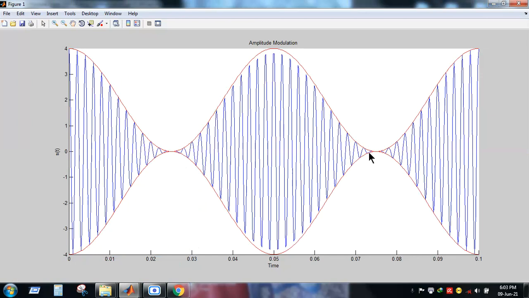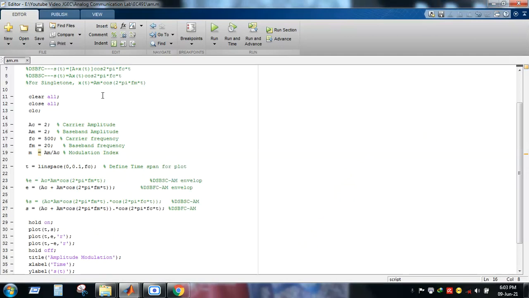So this graph is showing the critical modulation, where the two envelopes touch each other, but you can see that the envelope is still not distorted. They touch each other but do not overlap. So we can say that the message is still propagated effectively by this kind of modulation. Now let's see when the amplitude of the message signal is large compared to the carrier signal.